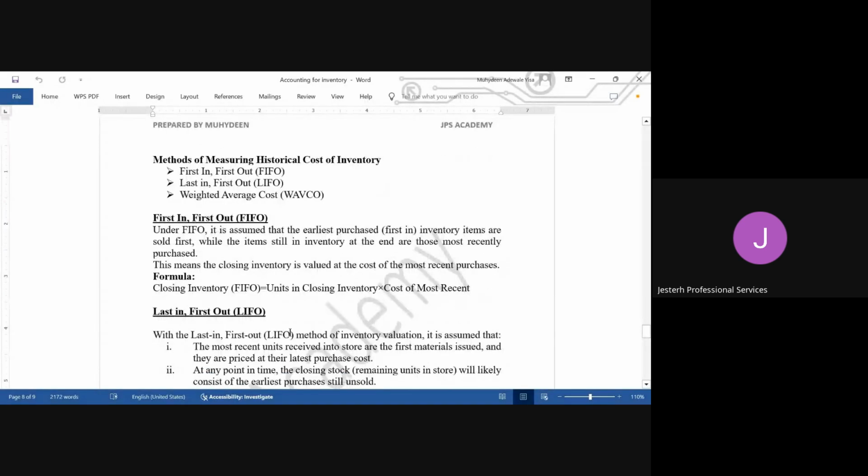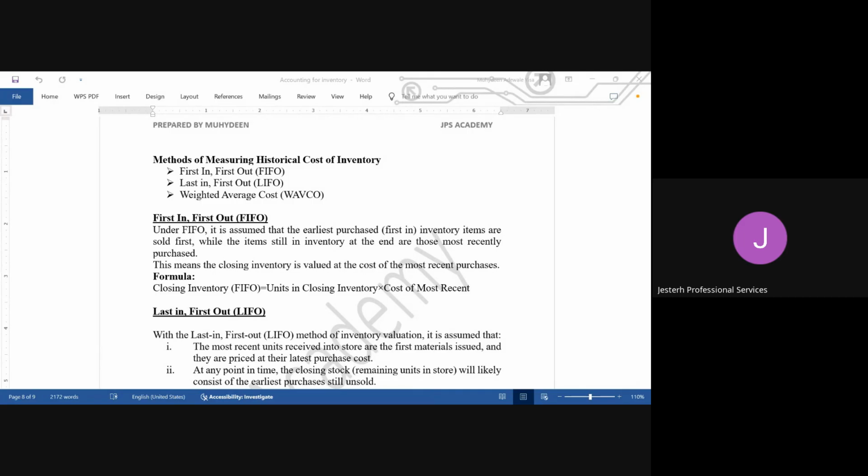If they ask us what is first in, first out, as the name implies, it means whatever product or purchase or unit an organization brought into their store is what they are going to give out for the production. So if an organization purchases an inventory of 1,000 units, whenever they want to issue out any of the inventory, they will start with the first one that came in first.